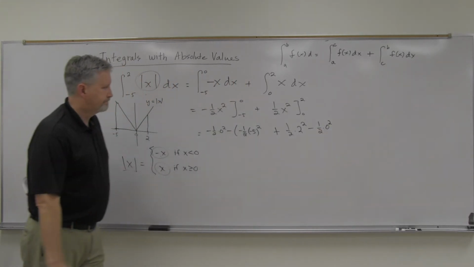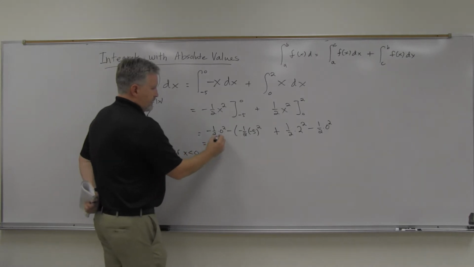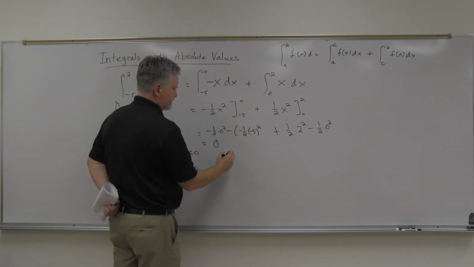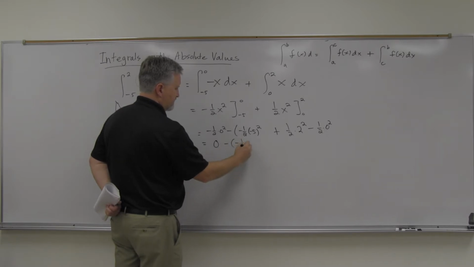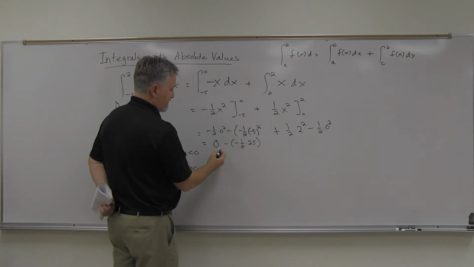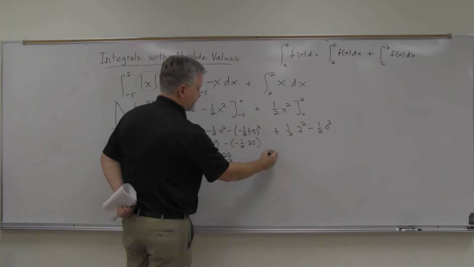Of course, 0 squared is 0, so that's going to be 0. Minus, that would be -1/2 times positive 25. So that's going to give you a positive 25 halves, or 12.5.